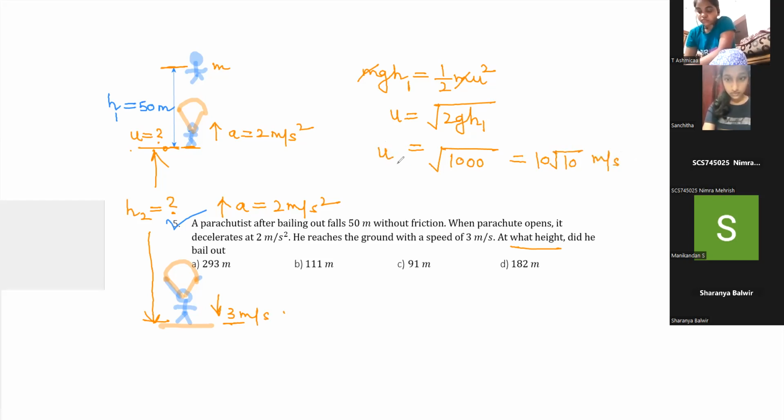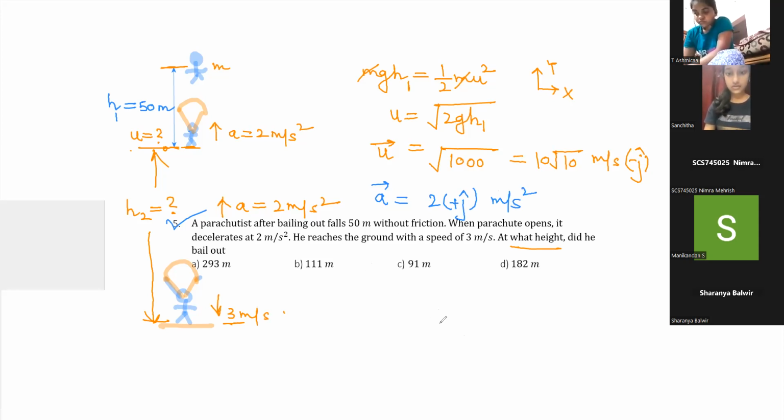This is u. Now, if I write it in terms of vector, it is along minus j cap, right? If I take this as x-axis and this as y-axis, this is along minus j cap. Yes or no? Great. What is retardation? It's 2 plus j cap. It is going upwards, no?